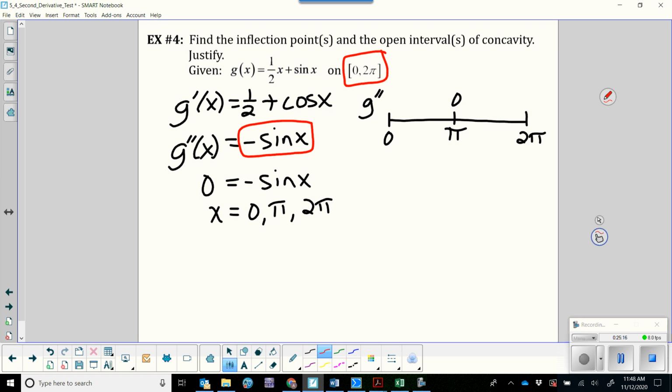Sine will be positive there, all the way from 0 to pi. But then I've got a negative sign out front, so that makes this negative. If I'm from pi to 2 pi, again, where the unit circle helps, that's the whole bottom of the circle. So sine would be negative on the bottom, but then it has a minus sign in front, so it's positive. So we would have, again, answer this question for g.